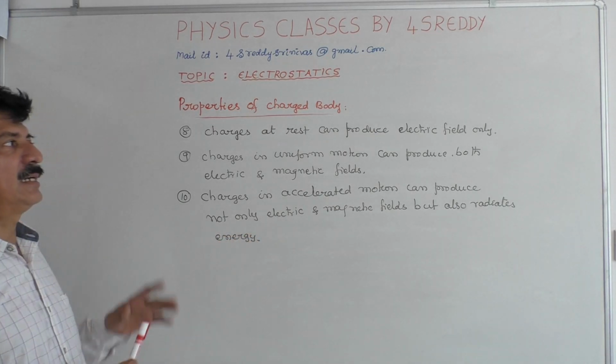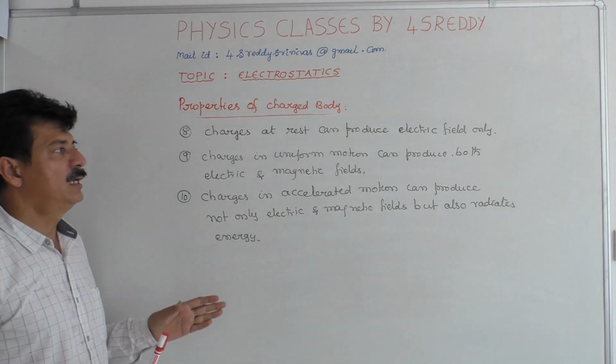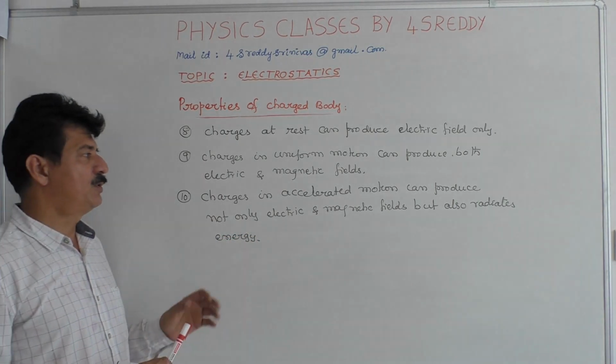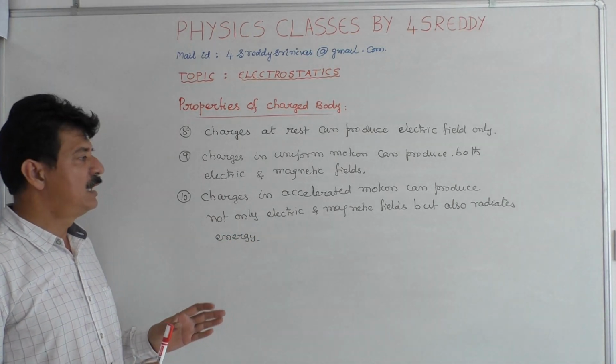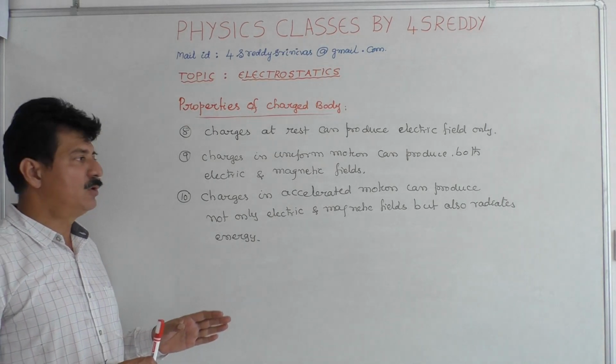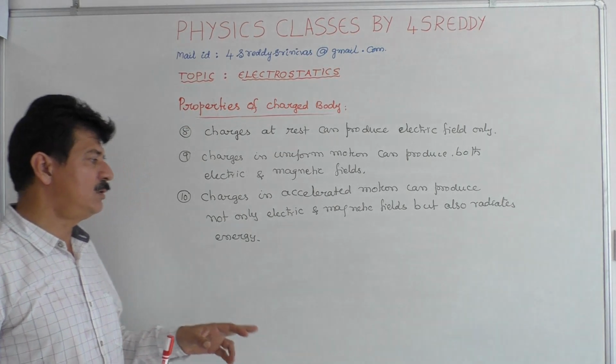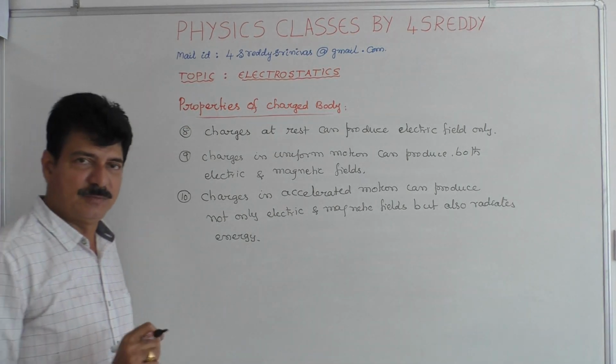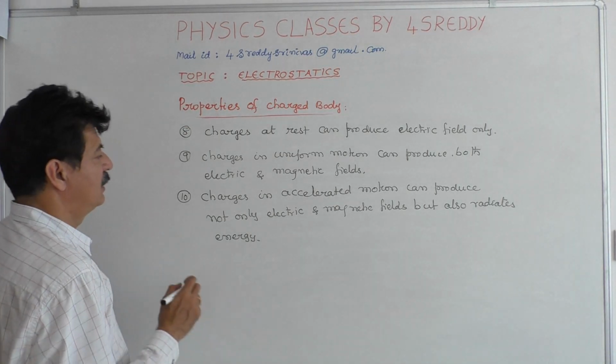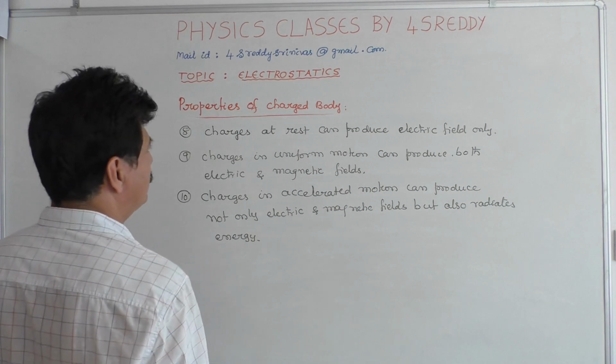So charges at rest can produce electric field only. Charges in uniform motion can produce both electric and magnetic fields, and charges in accelerated motion can produce not only electric and magnetic fields but also radiate energy. This is another point.